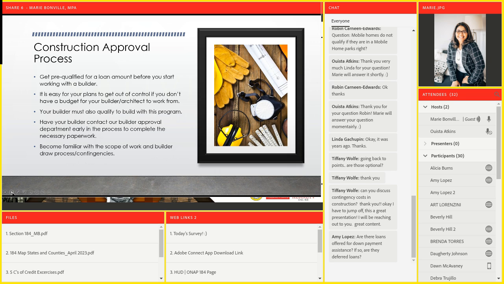HUD will have somebody come out, inspect the property, and then issue a portion of that payment. 90% of that work will get paid out. 10% is held in contingency for each section of the job. Then at the end, after the work is complete, that last 10% is released to the builder. So going back to construction, that's the contingency cost that you had a question about.